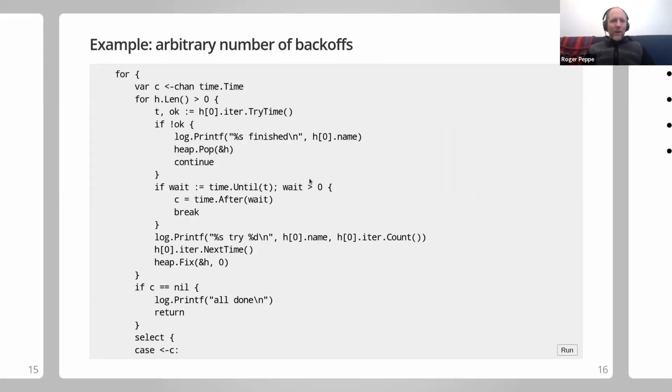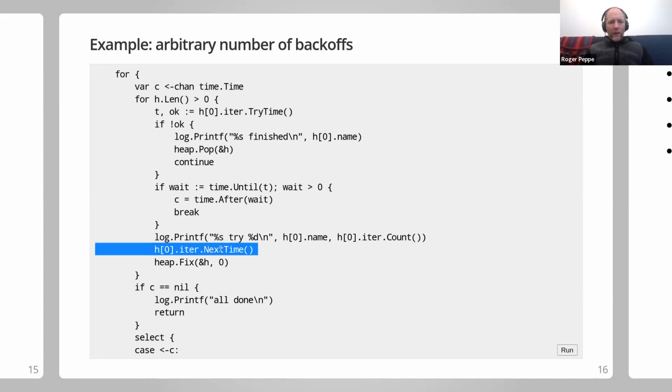So here was a little example that I came up with. We've got something which is managing any number of exponential backoffs. We've got an actual binary heap which we're managing, and all of them.